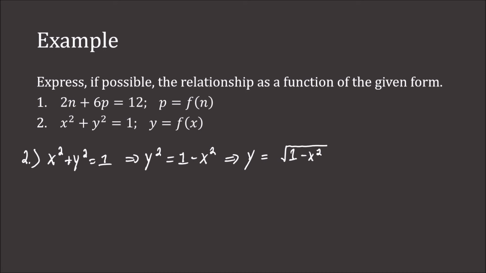However, remember, when you take a square root, it's either positive or negative. So we have y is equal to plus or minus the square root of 1 minus x squared. Well, it is impossible to express y as a function of x because there are two possibilities.